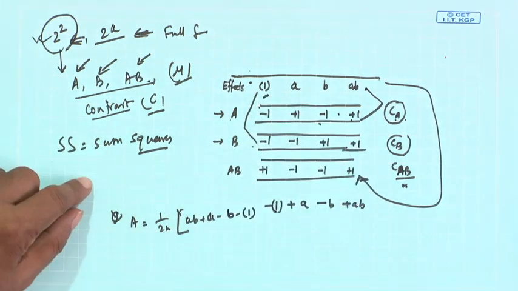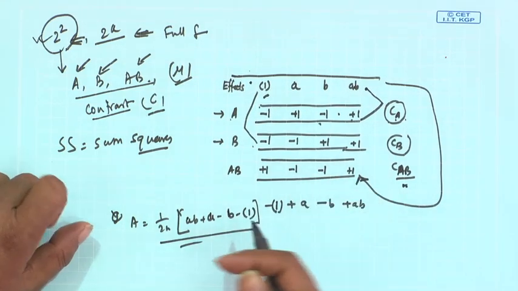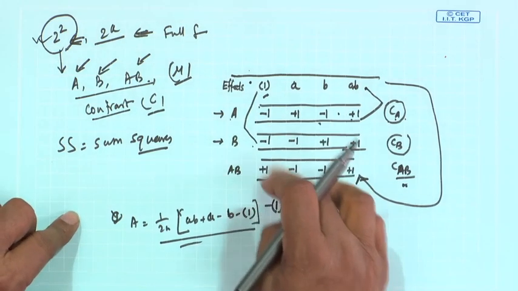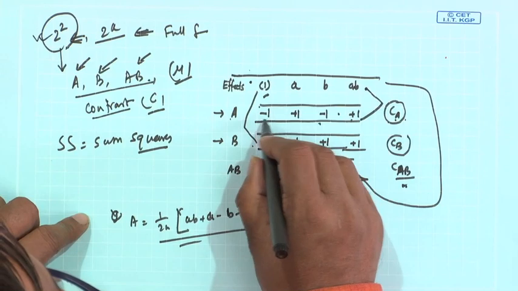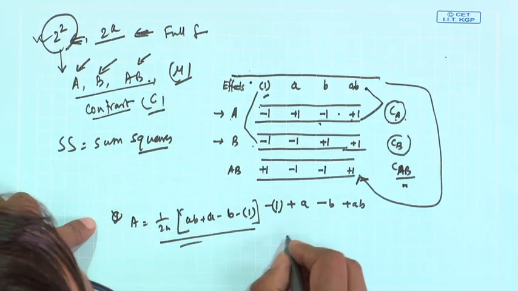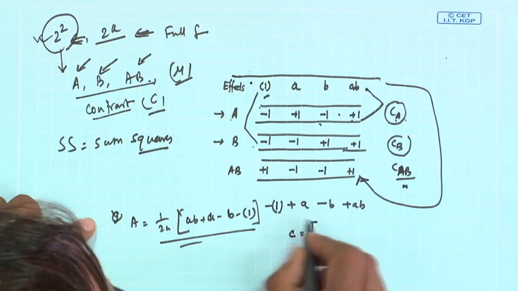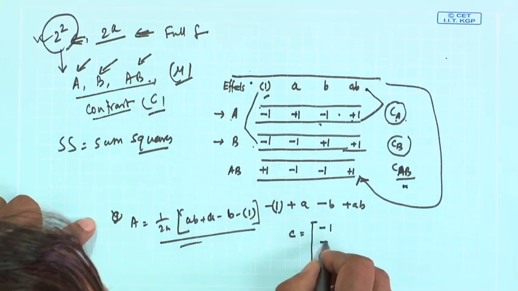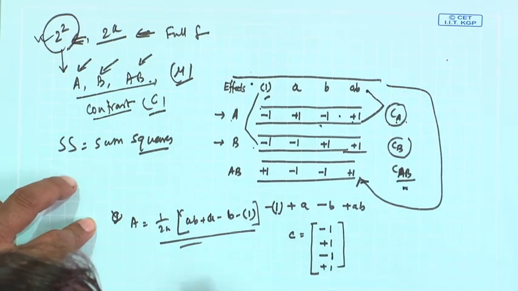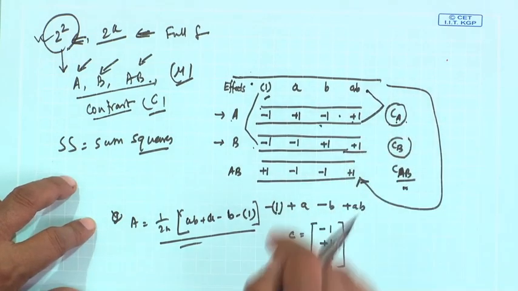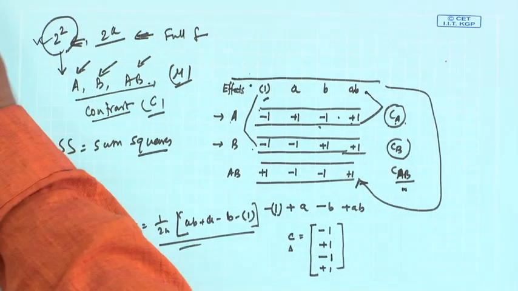So, this is the contrast. So, we can say that this is the general small c for A: in this case minus 1 plus 1 minus 1 plus 1, this is for A. For B it is something like this. Now, this is what is represented here.